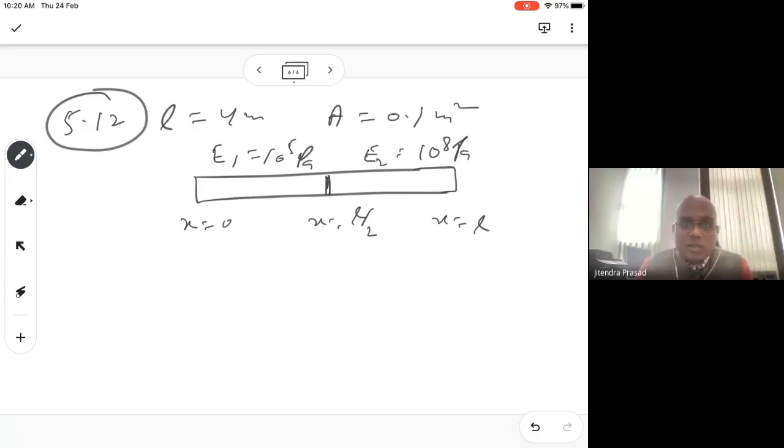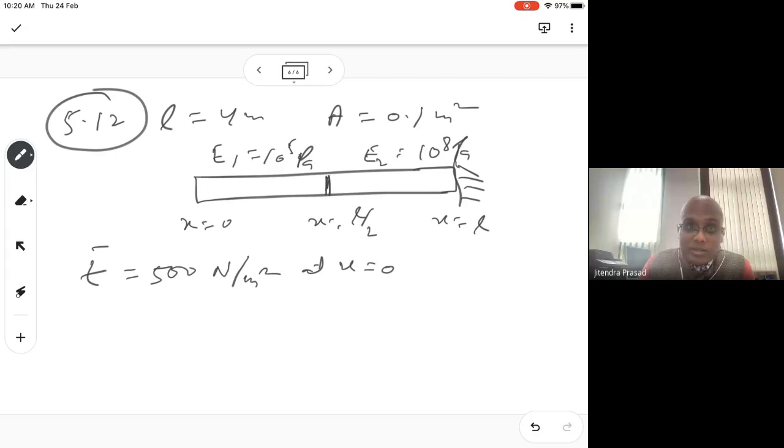The bar is constrained at x equal to 4. So here it is constrained. And a prescribed traction T bar equal to 500 Newton per meter square acts at x equal to 0 in the positive x direction.